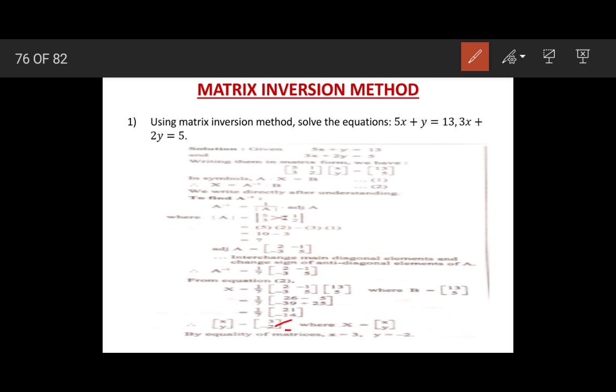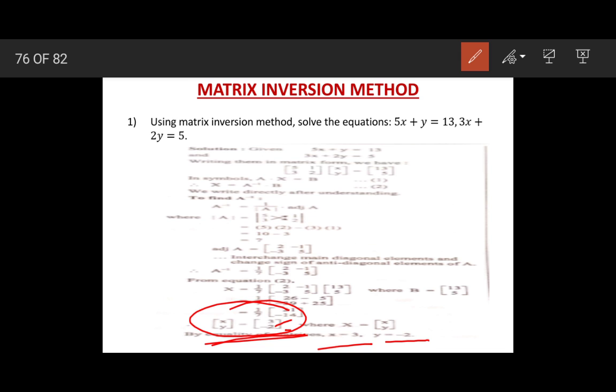Right? Now by equality of matrices, the matrix x, y is equal to the matrix 3, -2. So by equality of matrices, we can say that x equals 3 and y equals -2.